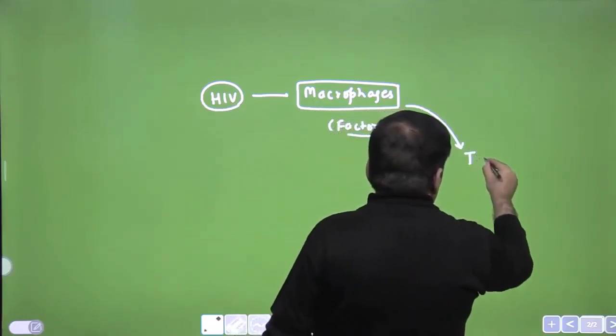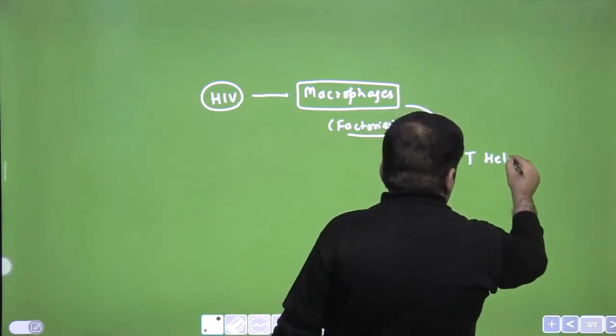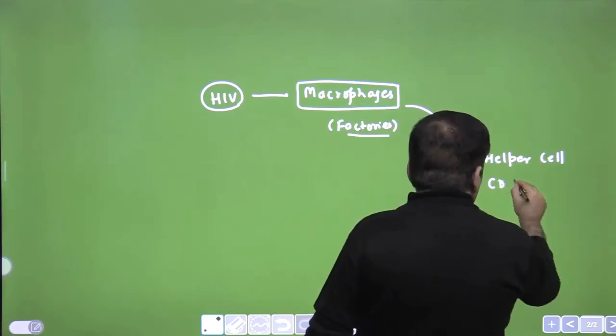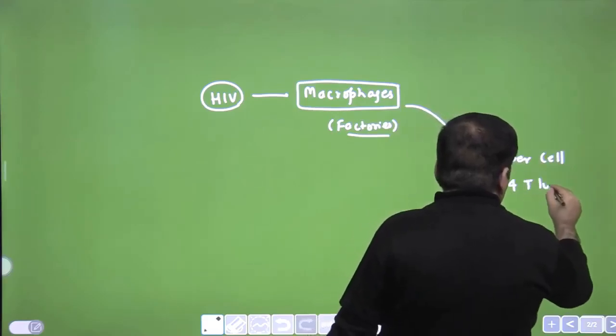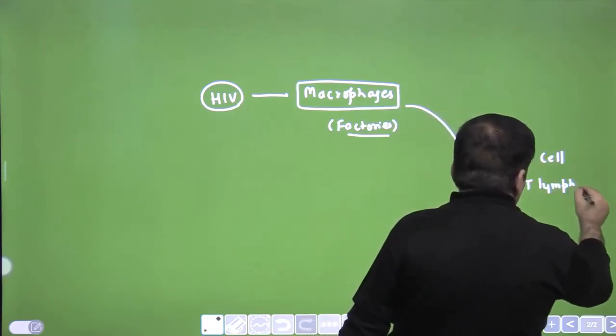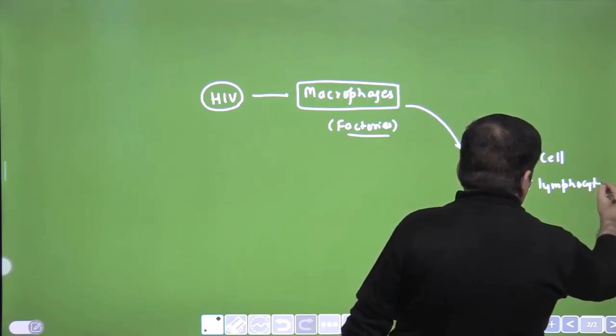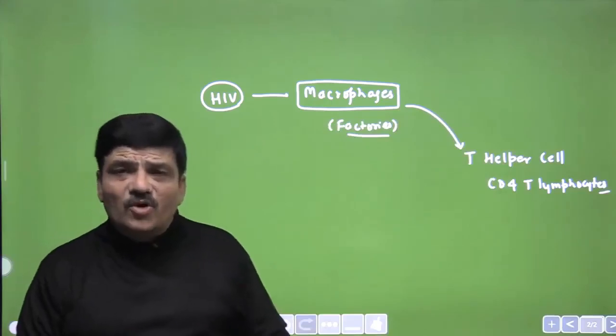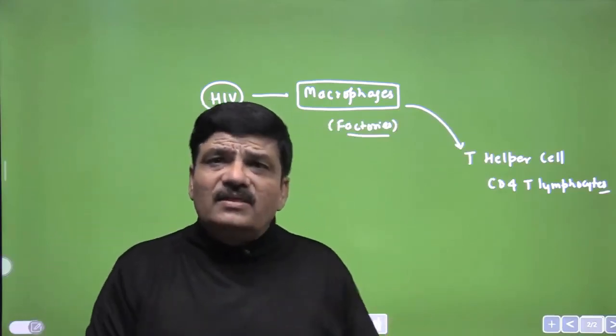And when there is sufficient viral load, what happens is that they will enter what are called as T helper cells. And T helper cells, as you know, are also called as CD4 T lymphocytes, and they are very, very critical for an adequate innate as well as adaptive immune response, both humoral as well as cell mediated.